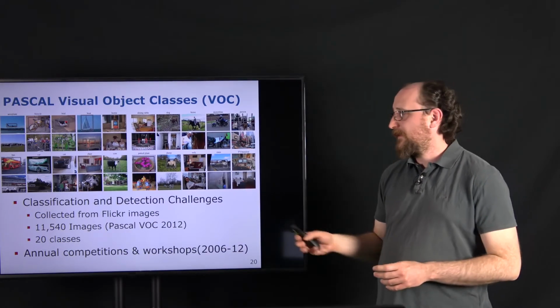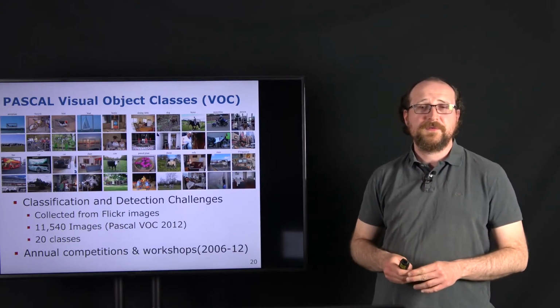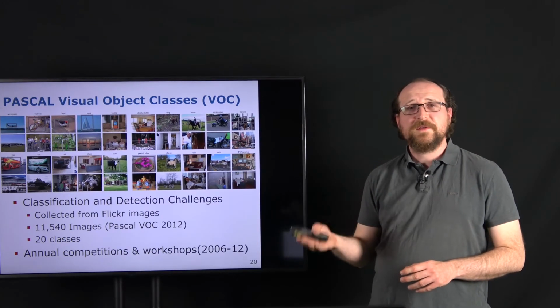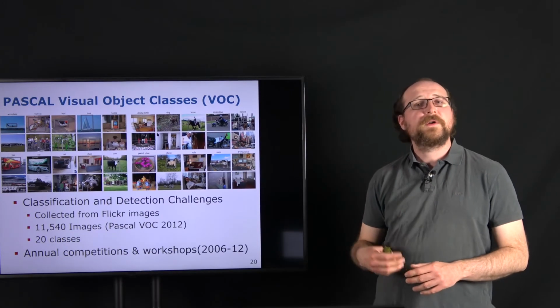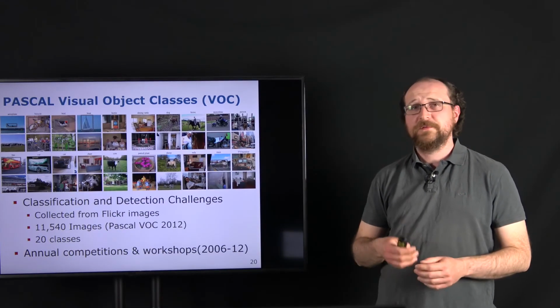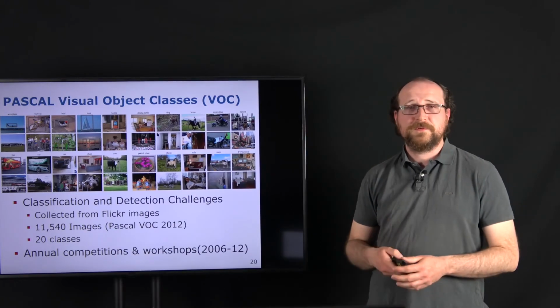As I said, they feature 20 classes, and they organized annual competitions from 2006 to 2012. Together with the competition, there were also workshops where the researchers could discuss the current or best solutions and see what the progress was.